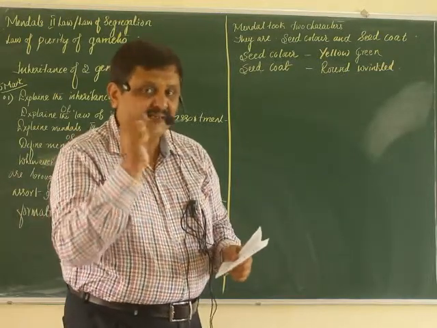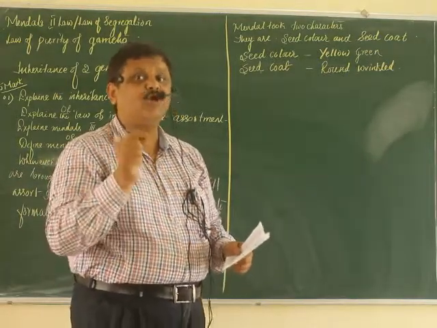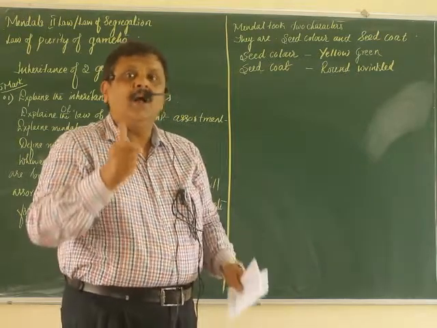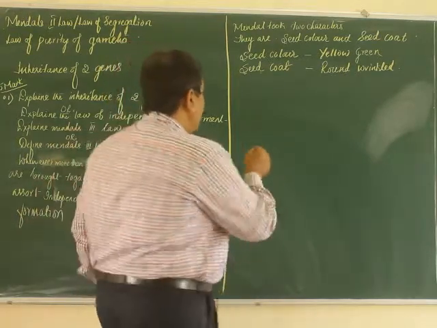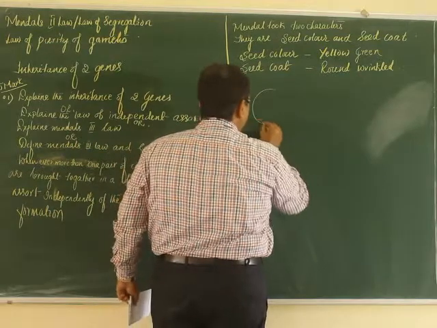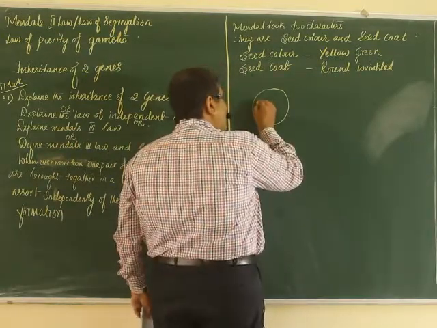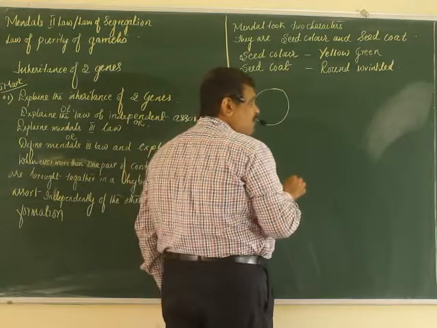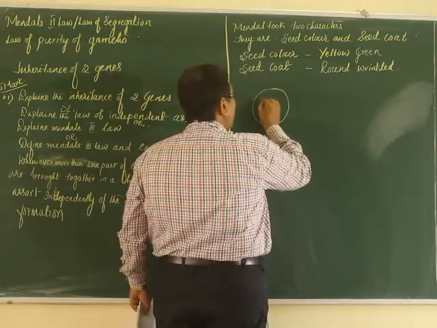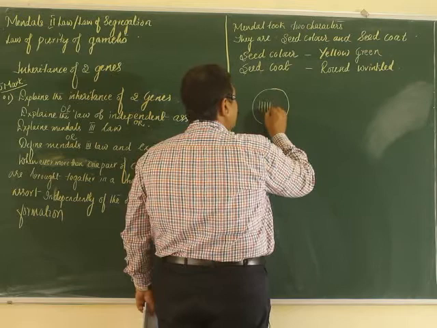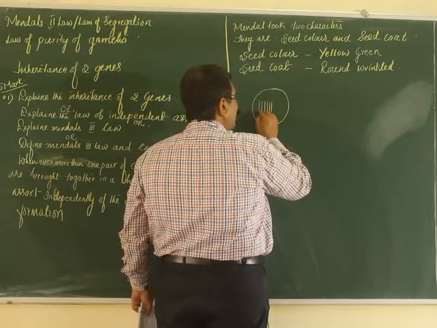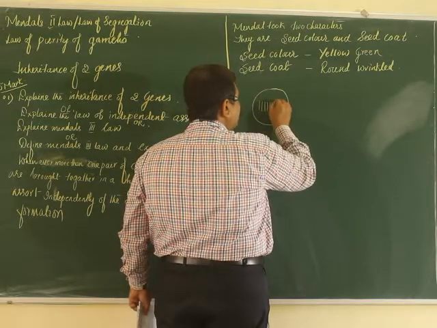Try to understand this because there should not be any confusion. In a gamete, suppose there is a formation of a gamete, seed, it will have how many haploid sets of chromosomes? All the 7 haploid sets of chromosomes, because P is having 1, 2, 3, 4, 5, 6, 7.